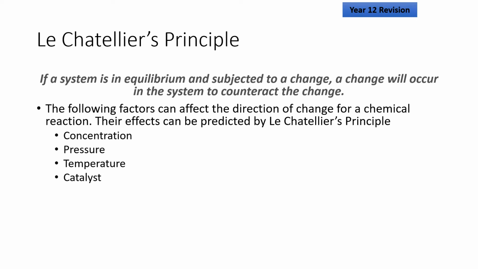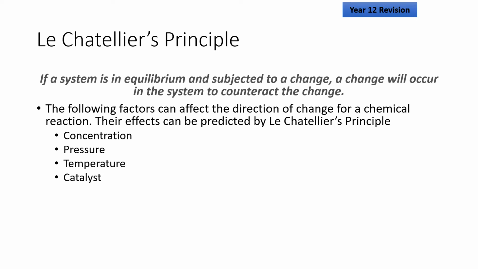If a system is in equilibrium and subjected to a change, a change will occur in the system to counteract the change. Basically what that means is K sub C never changes for a given reaction at equilibrium. Never, ever changes. So K sub C is nailed in place. So if I take that reaction and I increase the concentration of the products, the concentration of the reactants is going to decrease.